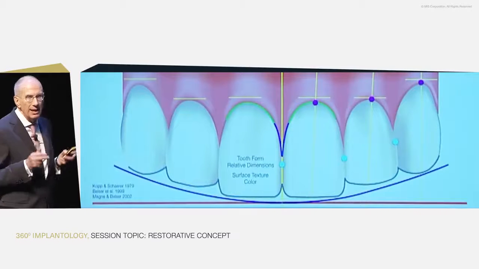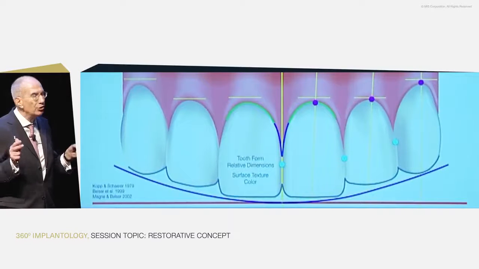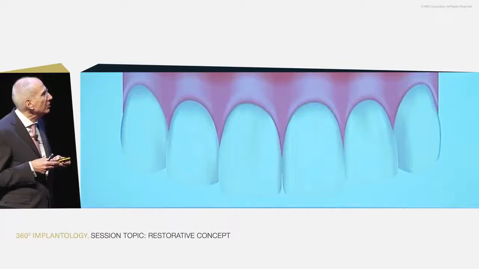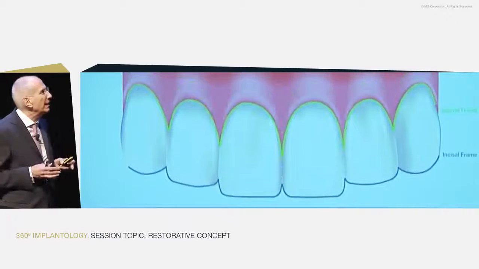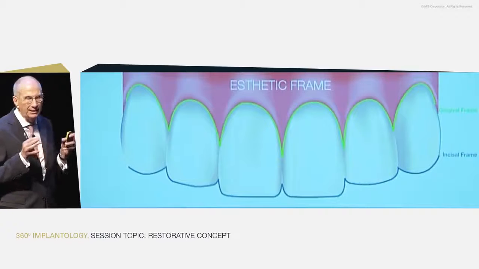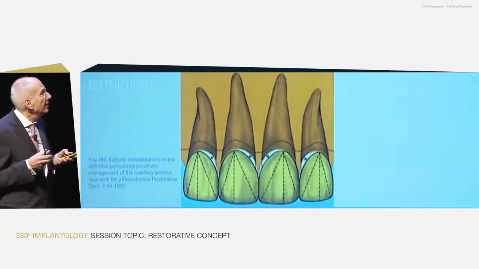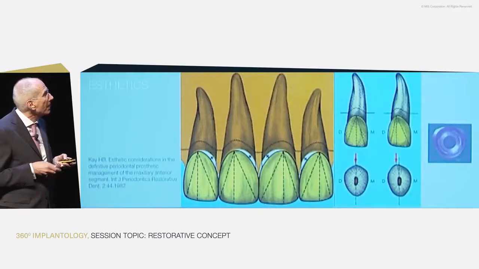You can look at them either two-dimensionally or today digitally, also in a way three-dimensionally, because these aspects are showing perfectly the aesthetic frame, and the most beautiful crown is not beautiful if it's not included in a nice soft tissue.